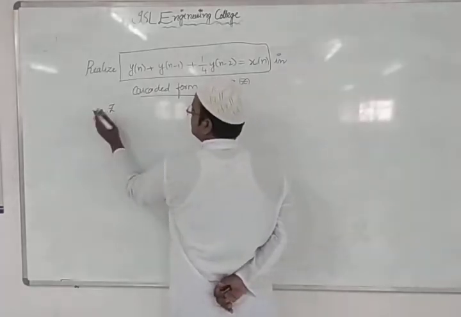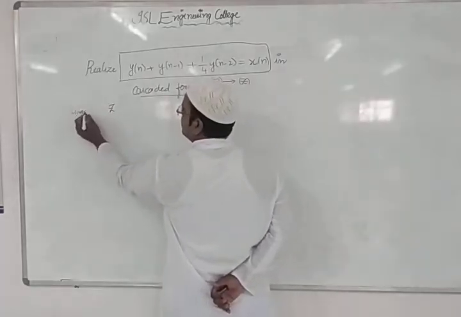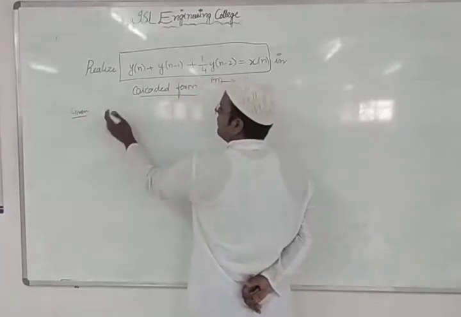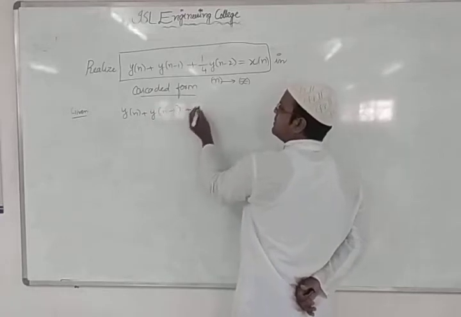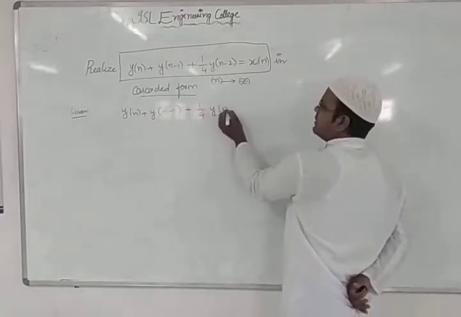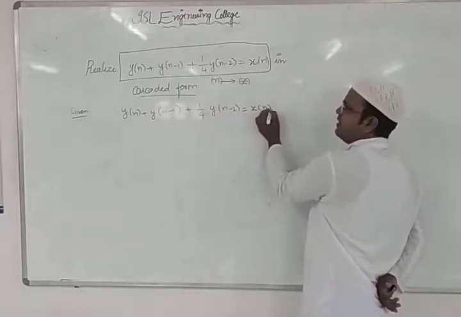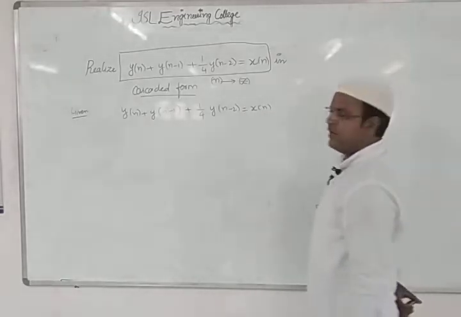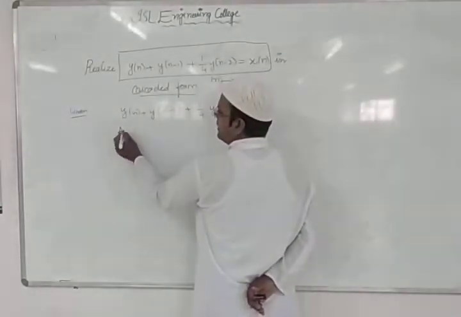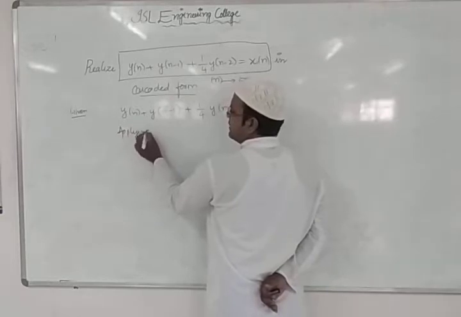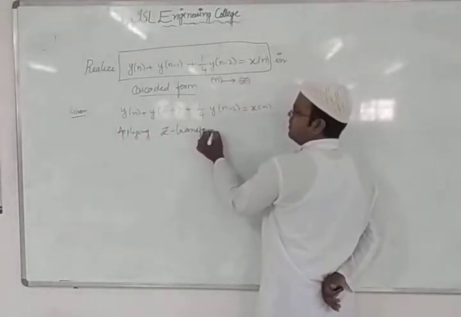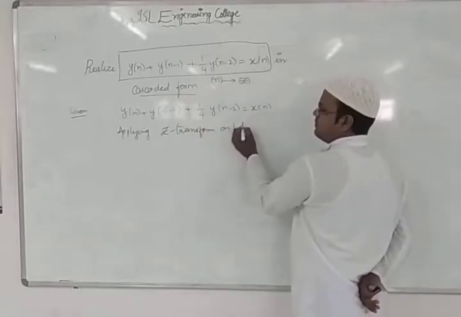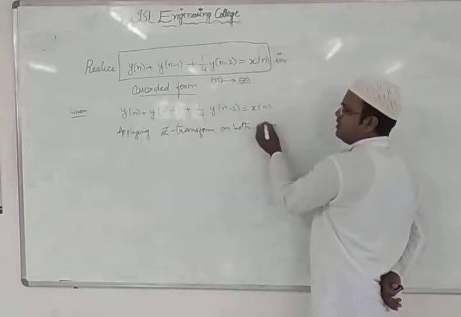So first you write the given equation: y of n plus y of n minus 1 plus 1 by 4 y of n minus 2 is equal to x of n. We need to convert this from n to z domain. What we will do is apply the z transform on both sides, so that it converts the n domain into the z domain.